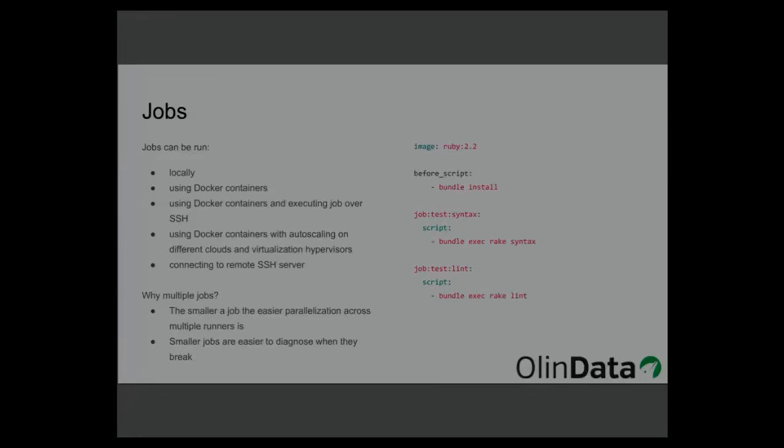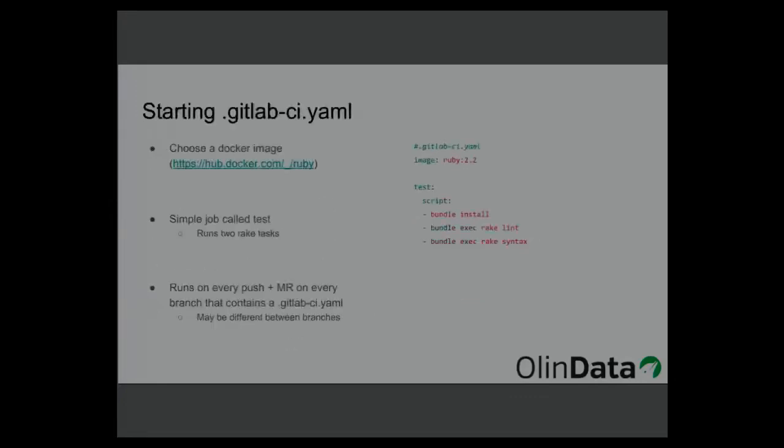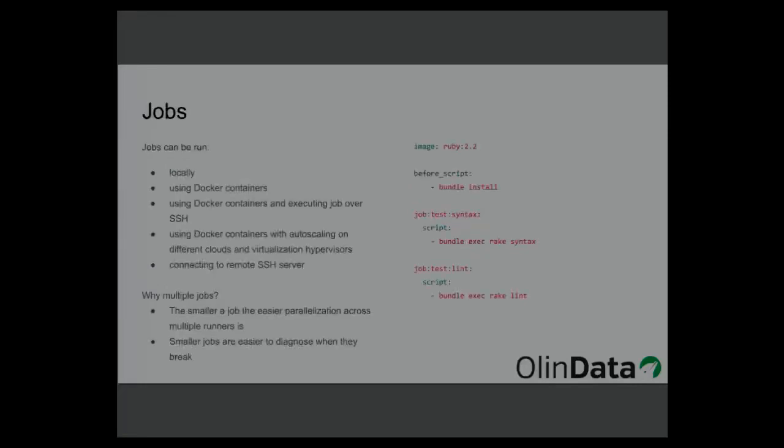As you see here, though, we have now split up our GitLab CI file into multiple jobs. It's doing exactly the same as what it was doing here: a bundle install, a rake lint, and a rake syntax. There are two good reasons why you want to keep your jobs as small as possible.